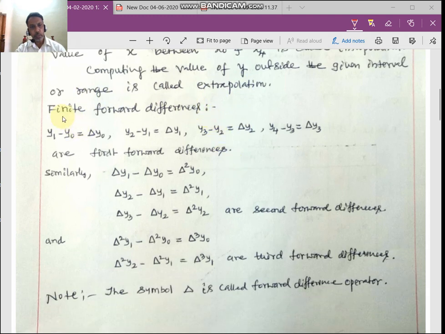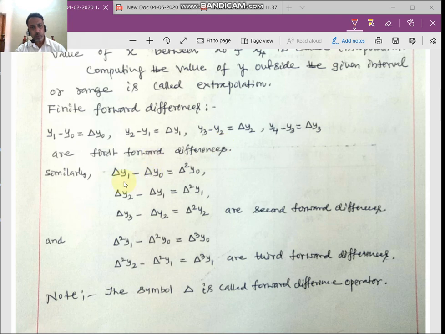And now let us understand what are finite differences or finite forward differences. We will subtract y1 minus y0, and that subtraction is denoted by Δy0. Similarly, y2 minus y1 is Δy1, y3 minus y2 is Δy2, y4 minus y3 is Δy3. These are first forward differences.